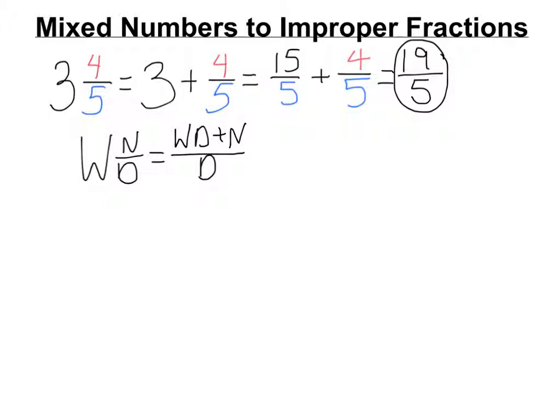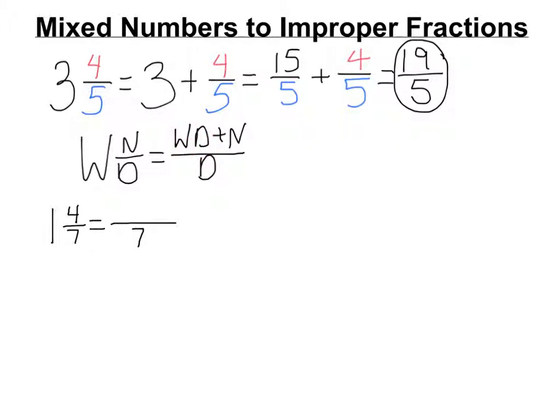So let's try this out one more time. Let's do 1 and 4/7, and this time we're going to use the formula. My denominator is still going to be 7, and up top it's going to be the whole number times the denominator.